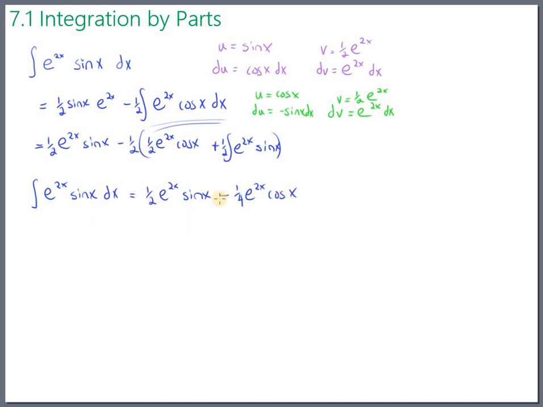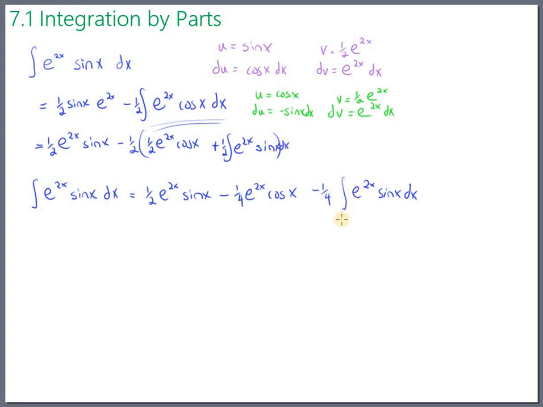And so far that's great. There's no integral stuff, but the last bit's going to be an integral. Let me distribute that. So it's going to be minus 1/4 integral e to the 2x sine x, and I forgot the dx on the end up here.